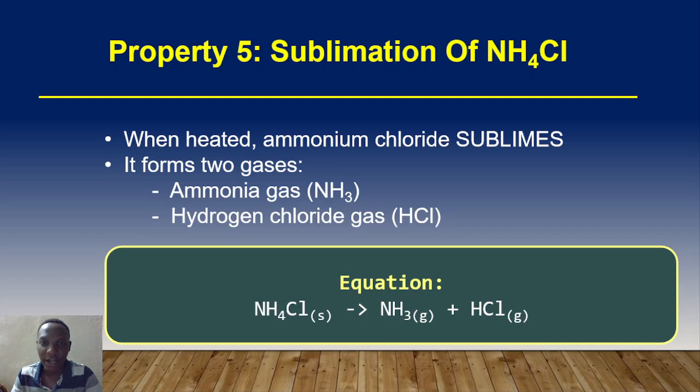As you can see from the equation, when heated, ammonium chloride sublimes and forms these two gases, ammonia gas and hydrogen chloride gas.